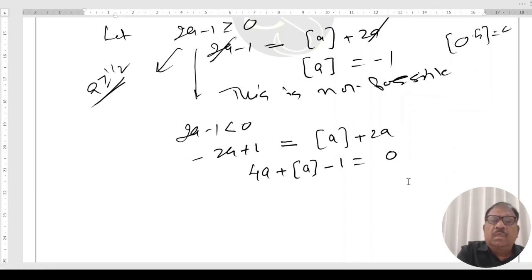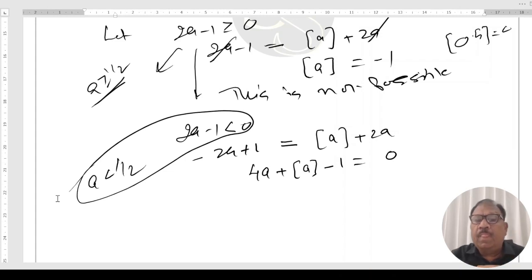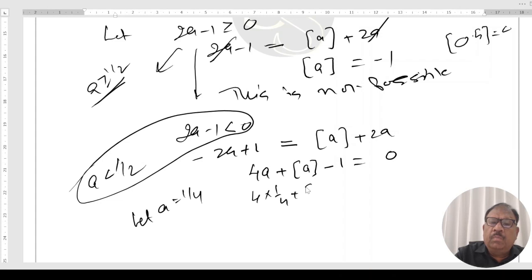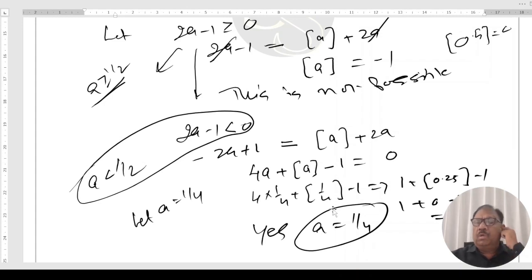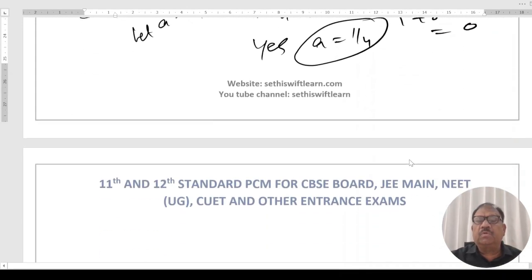In this case, A is less than 1 by 2. Let A equal to 1 by 4. 4 into 1 by 4 plus greatest integer of 1 by 4 minus 1. This comes out to be 1 plus 0 minus 1, which is 0. Yes. A equal to 1 by 4 is the only solution which satisfies this equation.